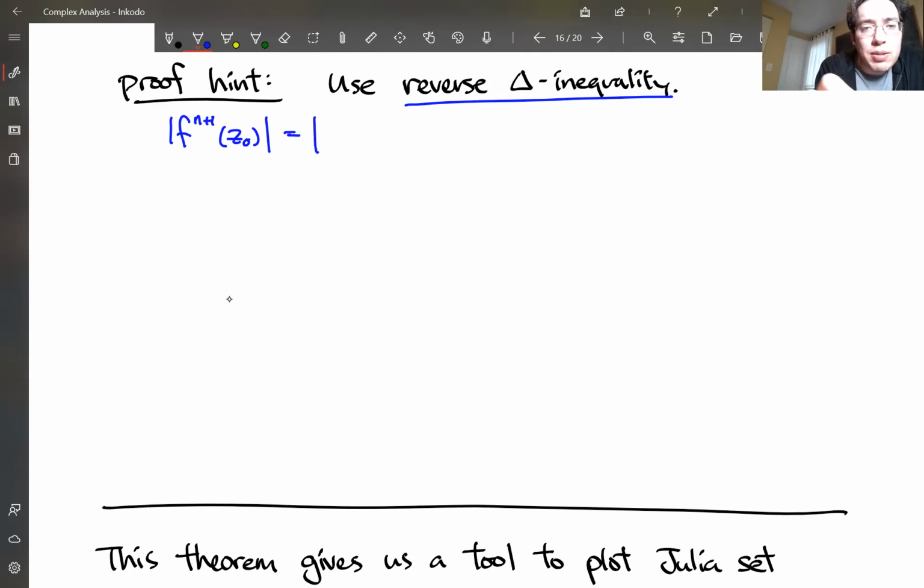Okay. So that is f^n of z naught squared plus c. That's plugging the nth iterate into the function f. And because we have a hint, use the reverse triangle inequality, and we have a modulus with two terms inside of it.